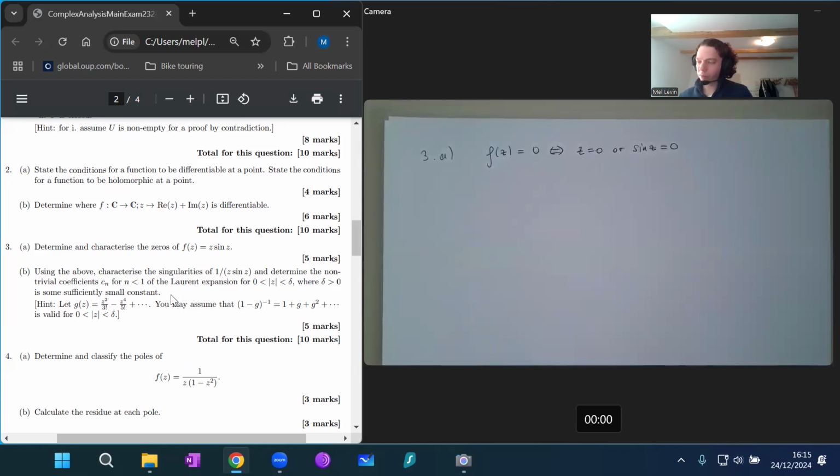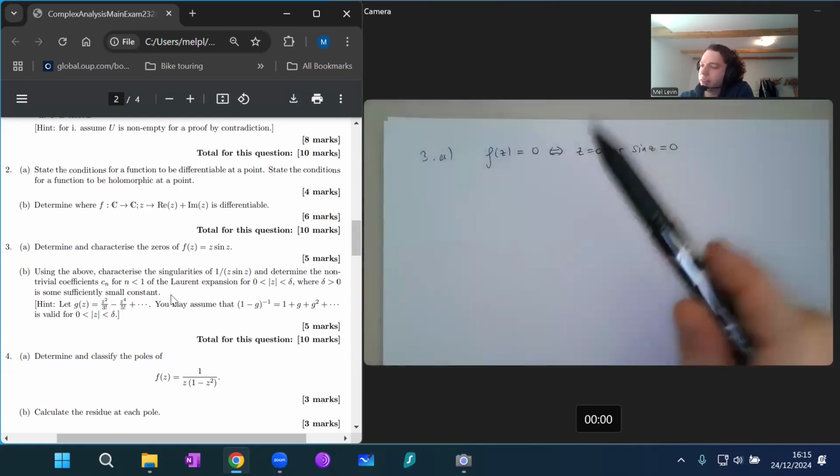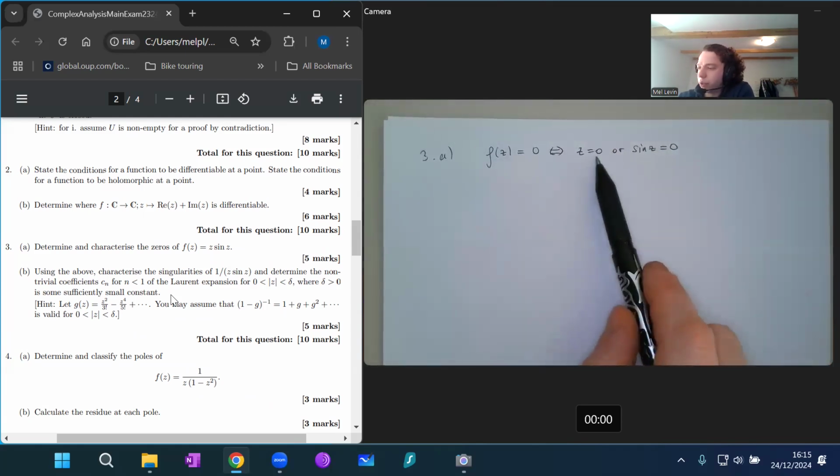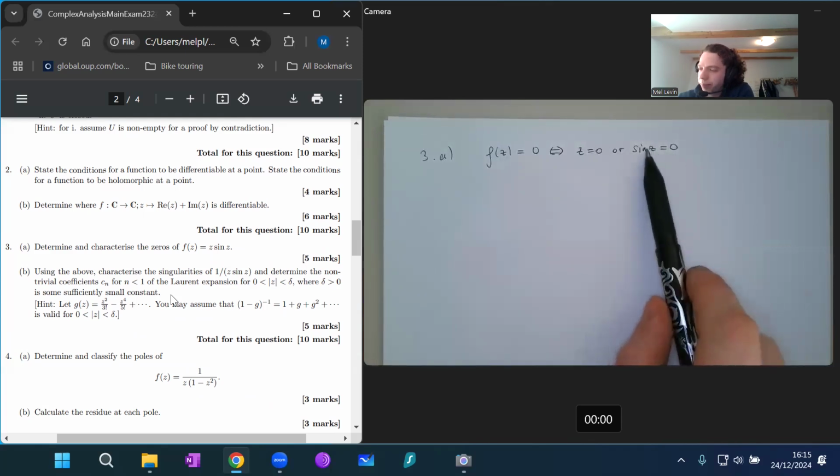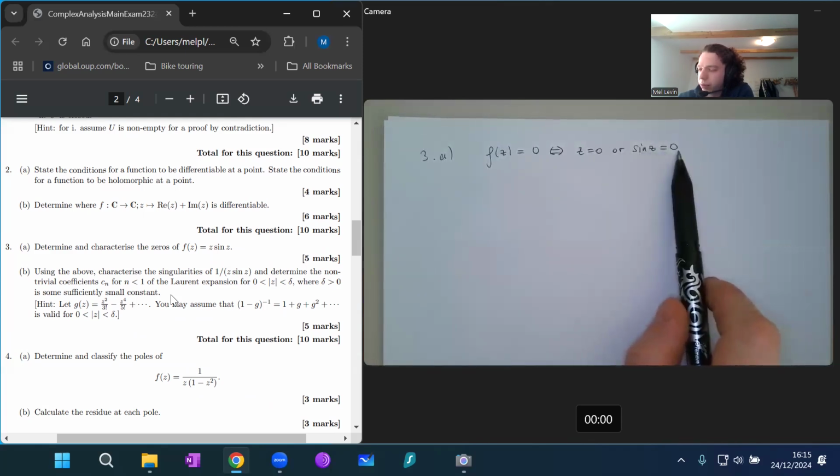So we've got z equals 0 as an obvious solution, and then whenever sine of z is equal to 0.